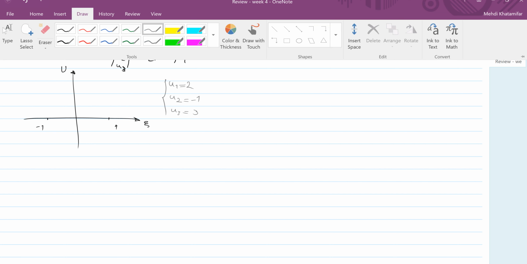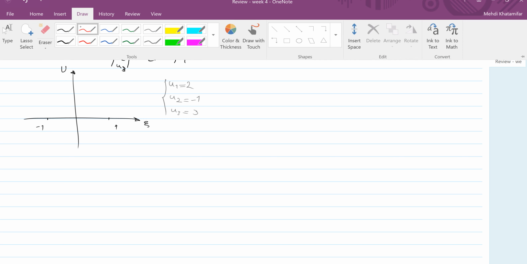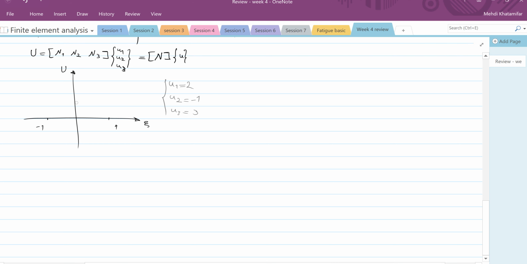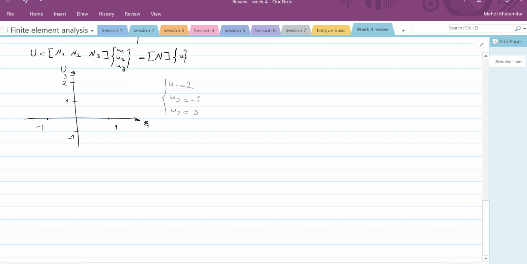So u1 is 2. Let me show you where is 1, and this is going to be 1, 2, and 3. This one is going to be -1. So let's draw in red. For -1, which is the left side, it is 2.